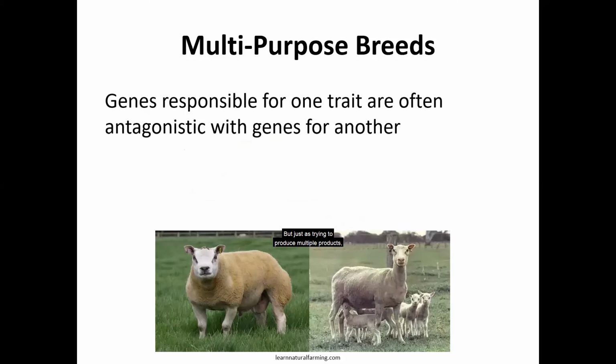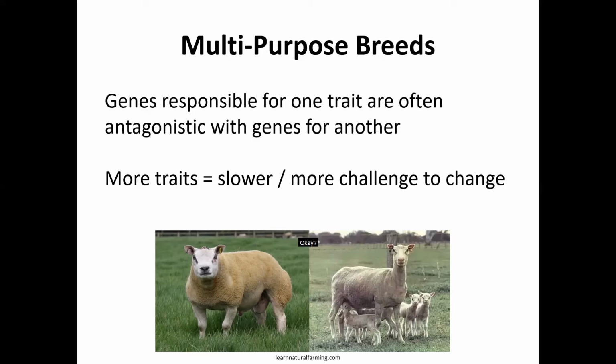Now, last time we talked about the purpose of breeds, and we said that many breeds have multiple purposes, and that's good. But just as trying to produce multiple products with the same breed can be a challenge in the system, the genes responsible for one trait are often antagonistic with genes for another.